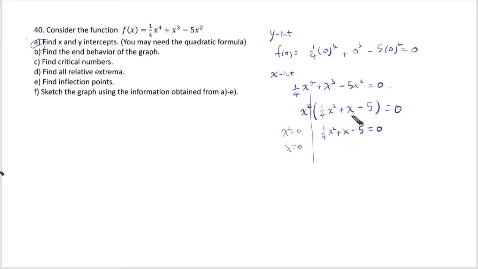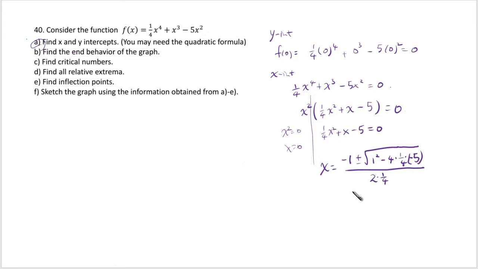And because this cannot be factored, you have to use the quadratic formula, which is negative b plus or minus the square root of b squared, in our case b is 1, so 1 squared minus 4 times 1/4 times negative 5, all over 2a, right? It's 1/4 times 2a. 1/4 times 2.